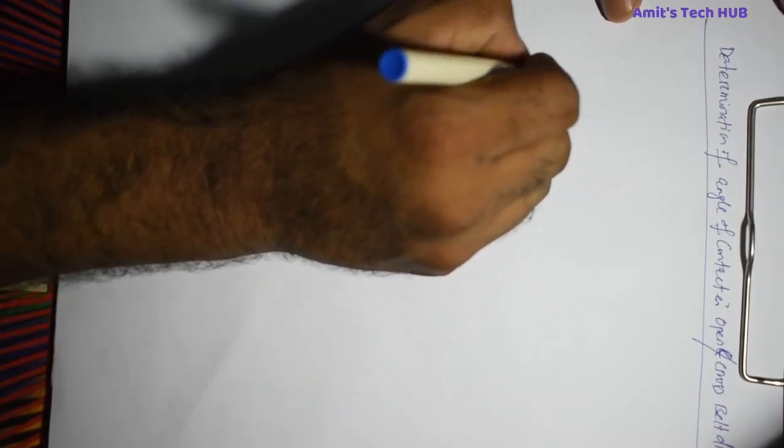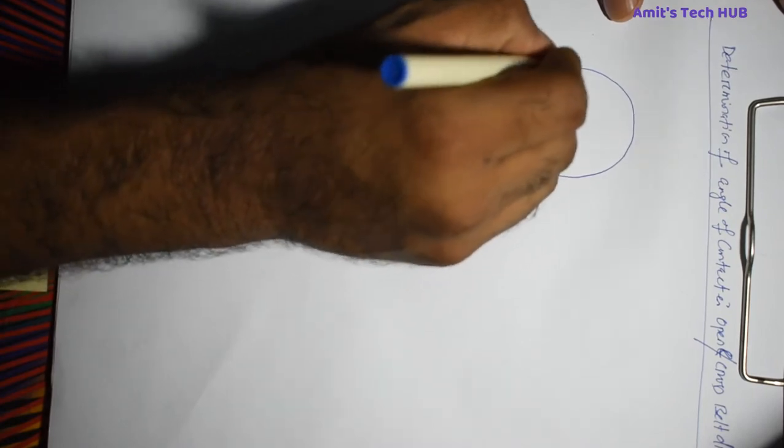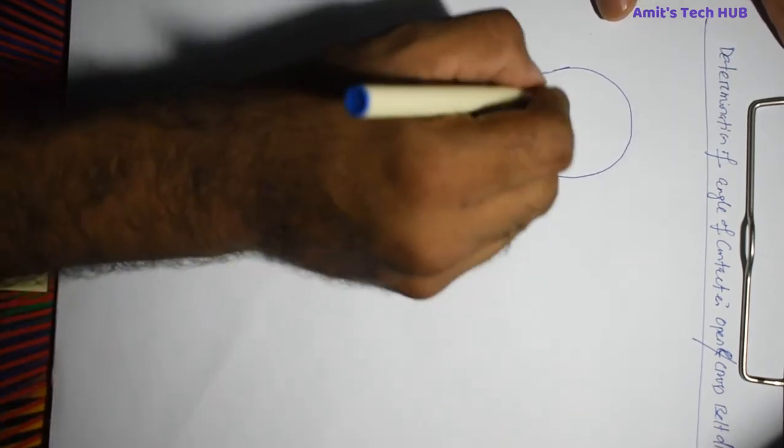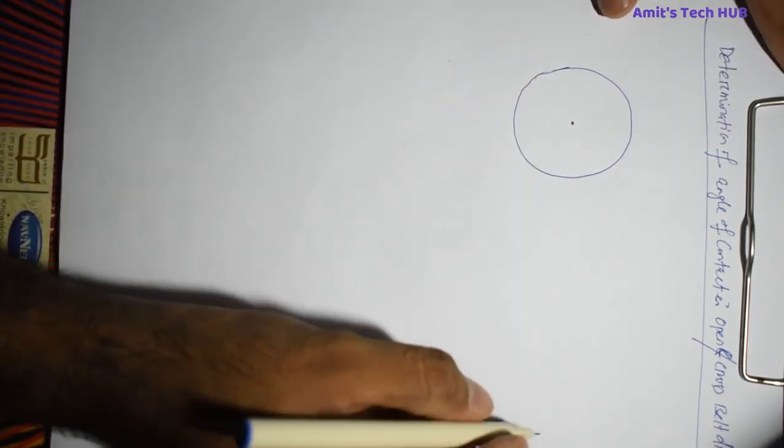So this is very simple. We have come across this diagram in order to find out the length of the belt in case of an open belt drive.